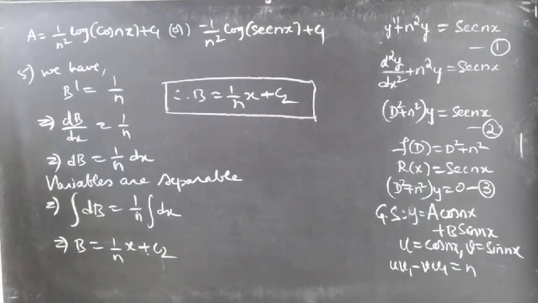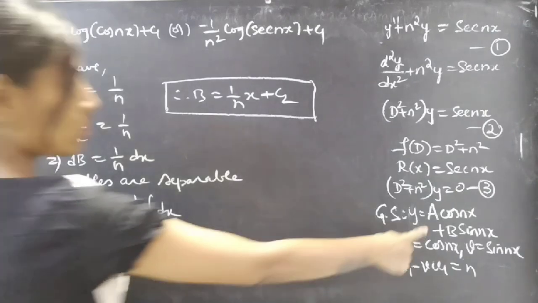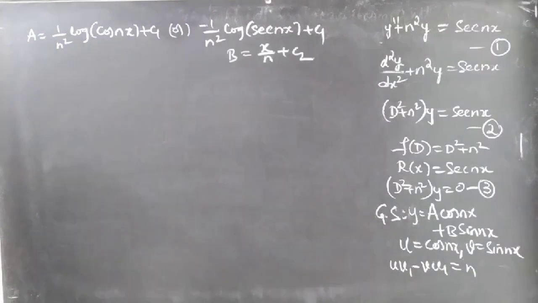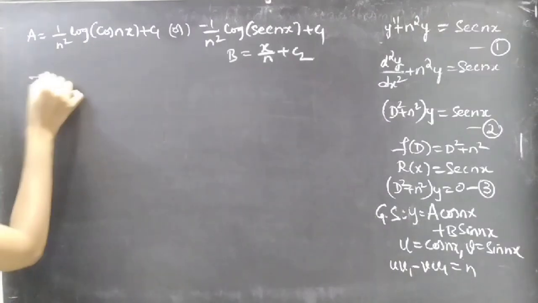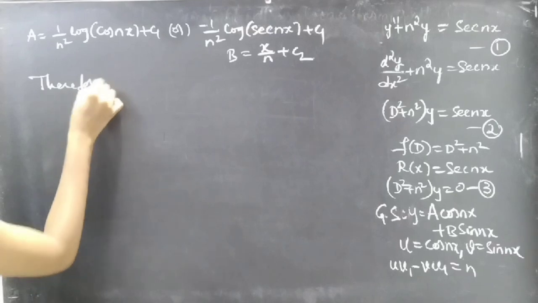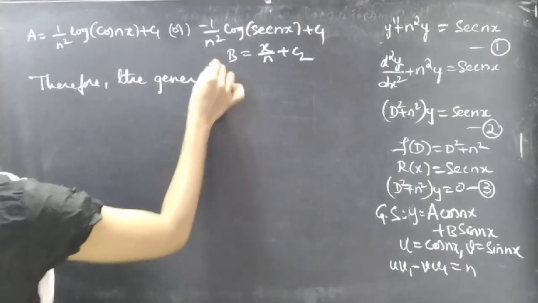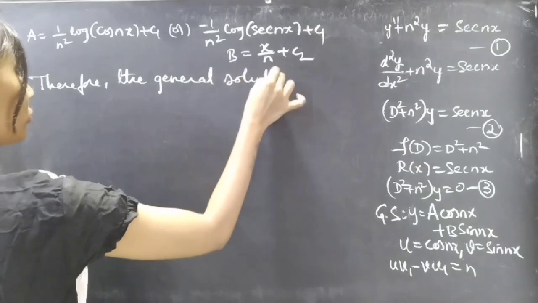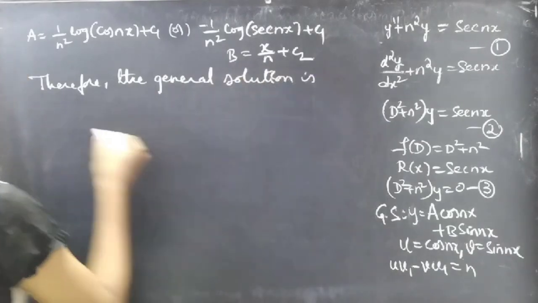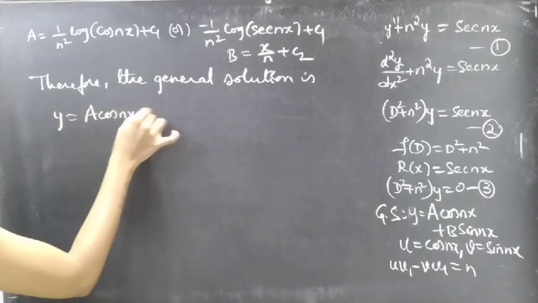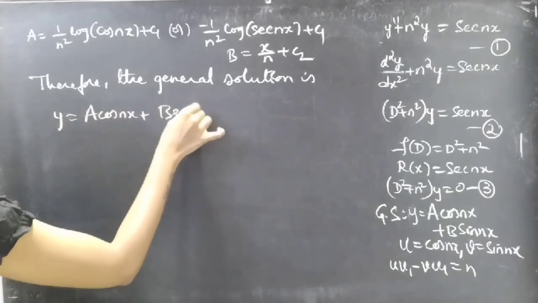Let's now find the general solution using y equal to a cos nx plus b sin nx. Therefore, the general solution is given by y equal to a cos nx plus b sin nx.